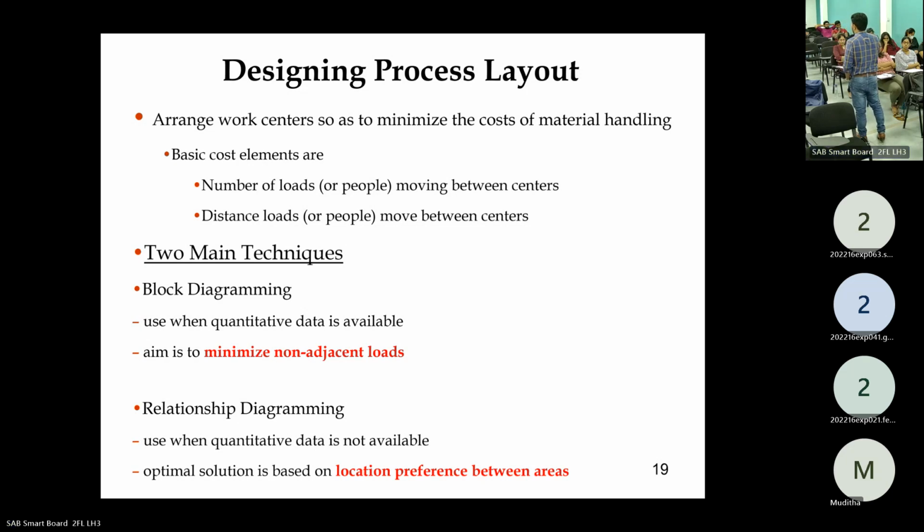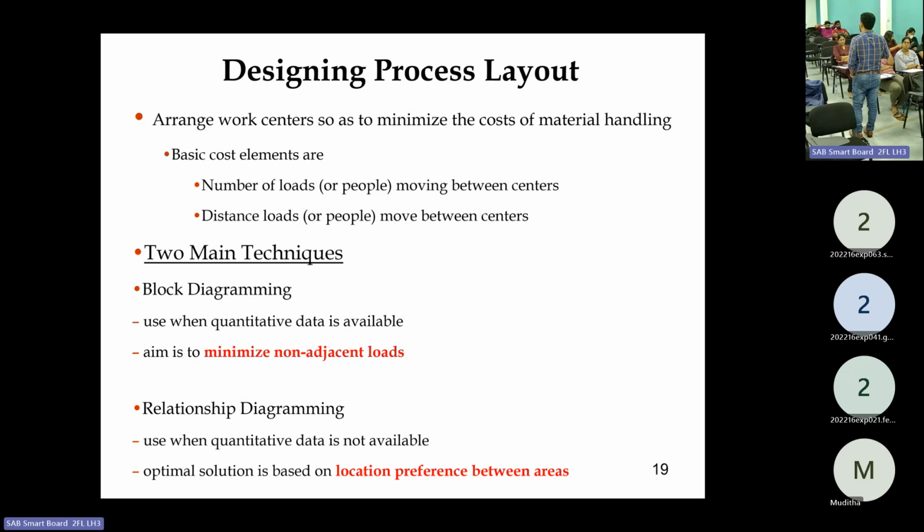Well, if needed or if available, the time taken for traveling and to complete the processing would also be useful information. When we have such details in numbers, especially the number of transactions and the distance traveled, in quantitative terms, we can use this block diagram.